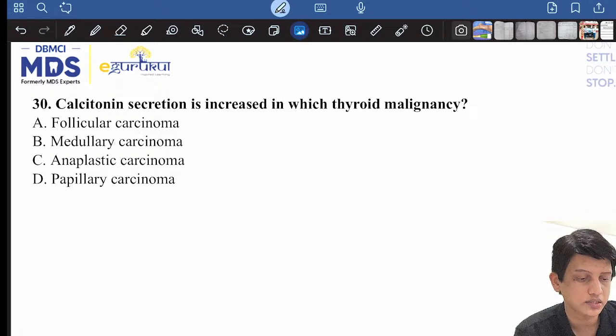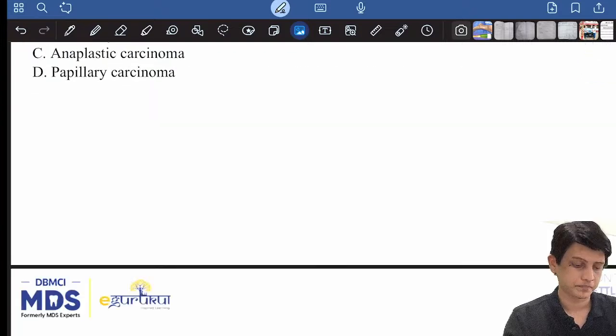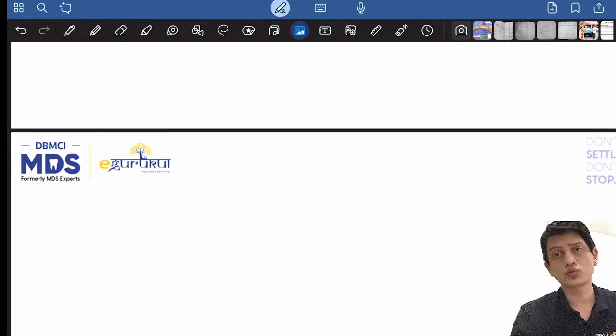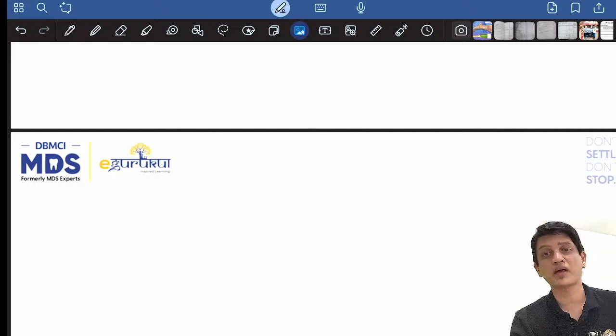The answer is the one and only B. All others arise from the follicular cells, but the medullary from the parafollicular C cells. Parafollicular C cells secrete calcitonin, so if there are more parafollicular C cells, there is more calcitonin secretion. So it's a tumor marker for medullary carcinoma. Okay. You can also learn about other thyroid tumor markers this time, like thyroglobulin is a marker for which thyroid malignancy.